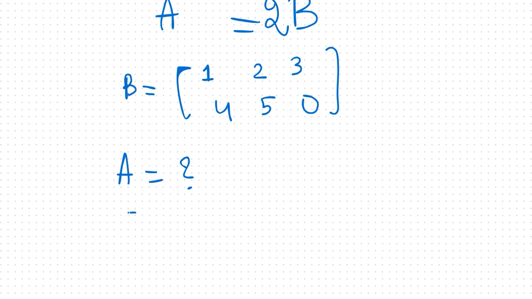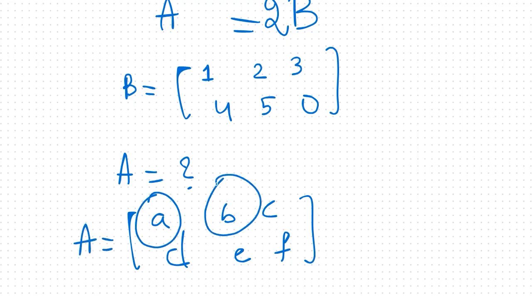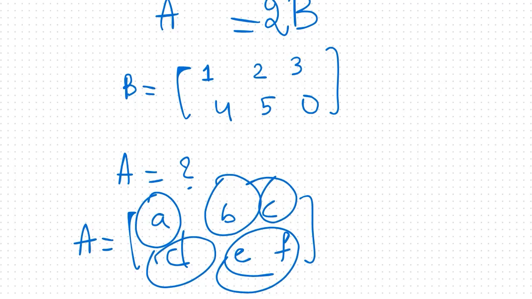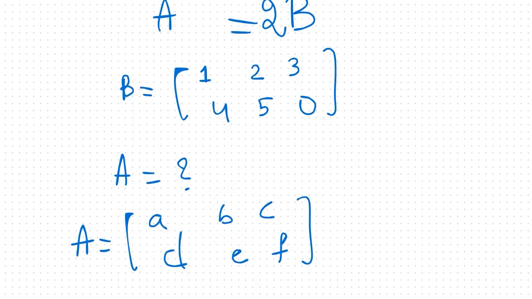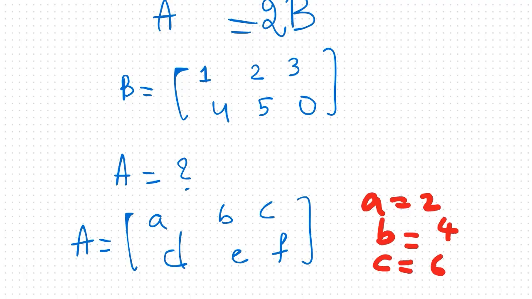Let's say A is given as A B C D E F. What are the values of A, B, C, D, E, F? Then A will be 2, B will be 4, C will be 6, D will be 8, 10, and 0.